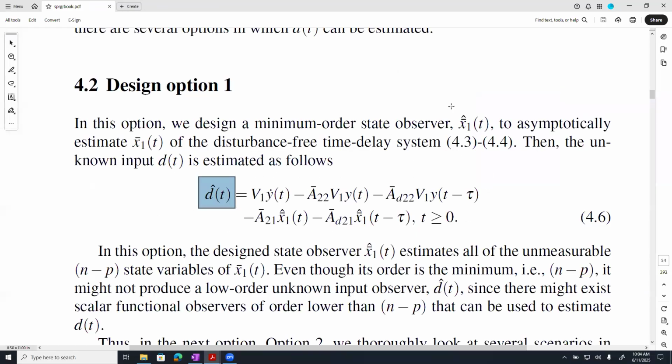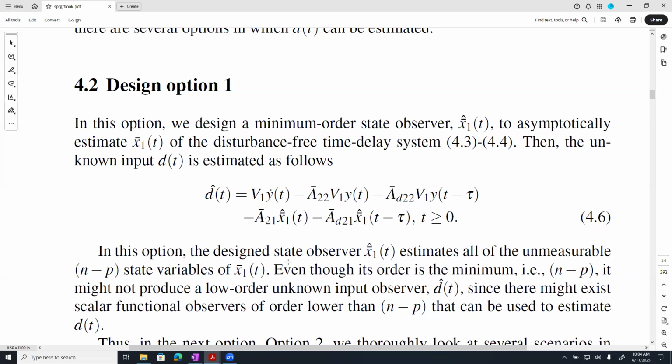The important thing we want to stress is that we have to delay it, and then realize this term, which is a linear combination of that delayed stack vector. This is also another linear combination, but we estimate this one first and then realize this bit. Of course, this option is similar to the one that Howe and Muller did for time delay systems.